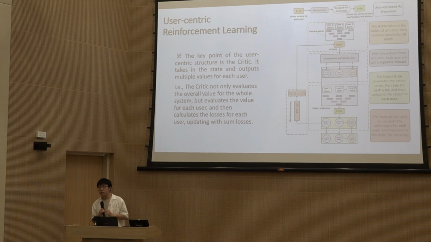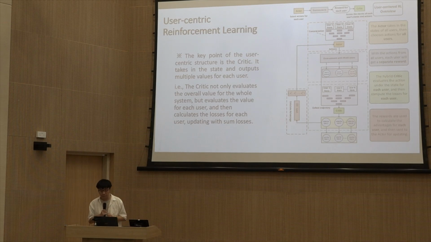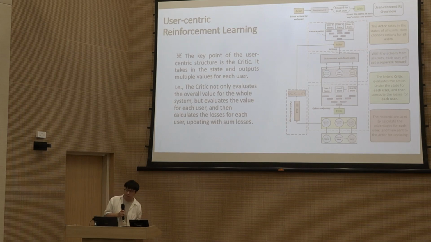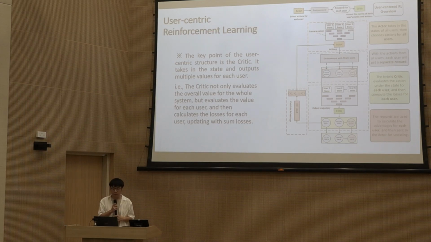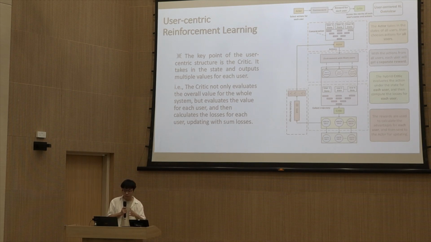To tackle this problem, we also design a user-centric reinforcement learning structure. There are a lot of things, but I will just introduce the inside of this structure. The key point of this user-centric structure is the critic. It takes in the states and outputs multiple values, one for each user.